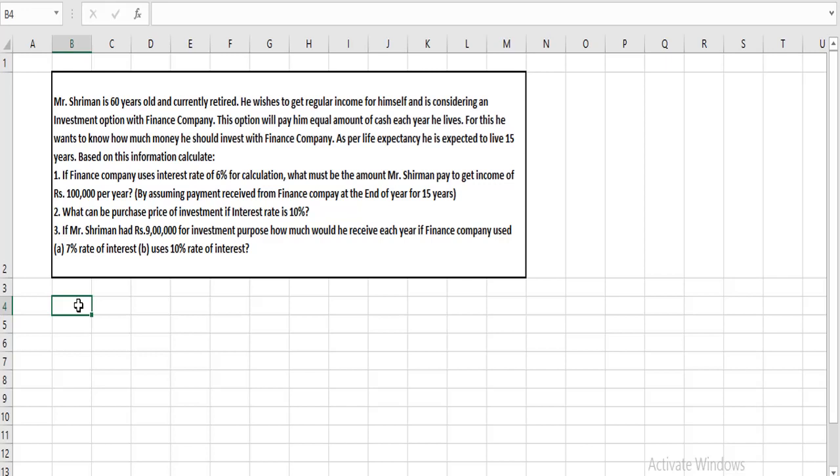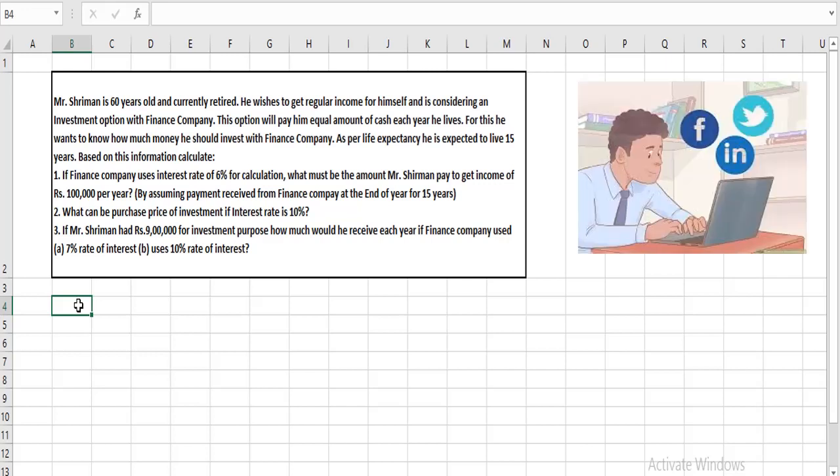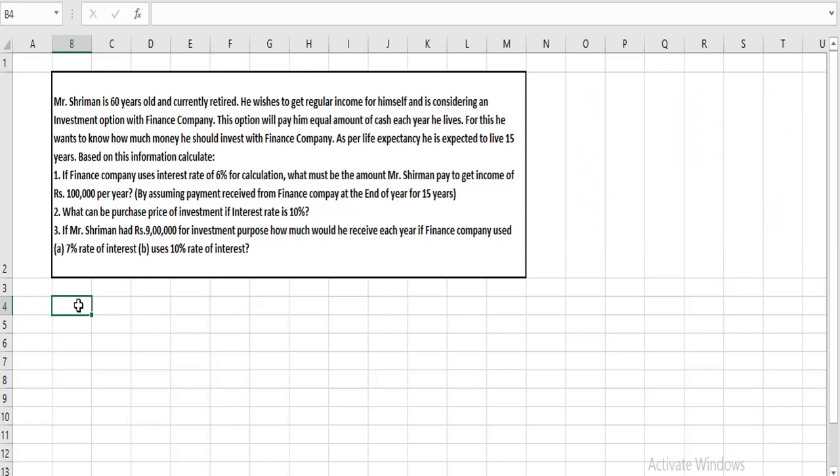He also wants to select the option which can give him an equal amount of cash flow every year as long as he lives. And as per the research made by human science, it is expected that he will be living for the next 15 years.